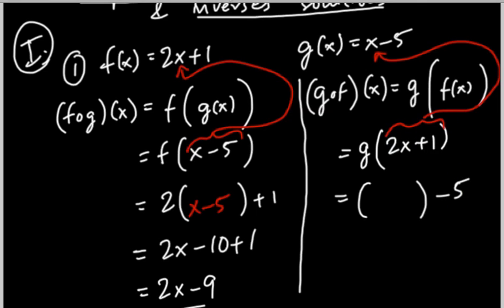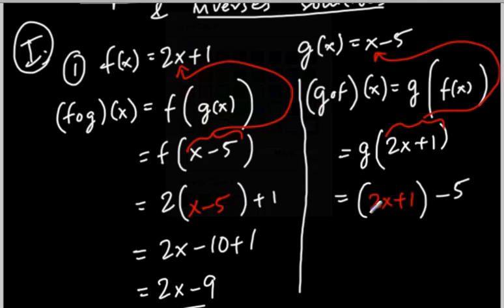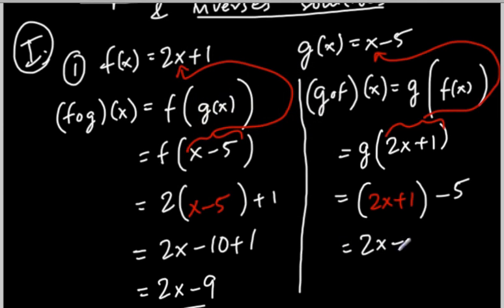What's in the argument is simply 2x plus 1. So this becomes 2x plus 1 minus 5, which is 2x minus 4, and that's our solution for g of f. So f of g is 2x minus 9, and g of f is 2x minus 4.